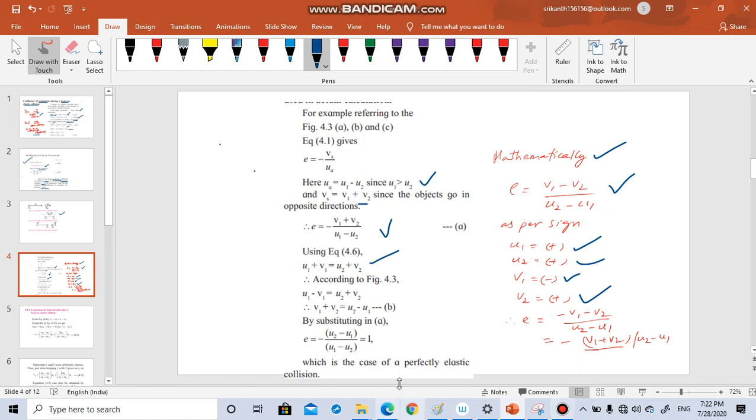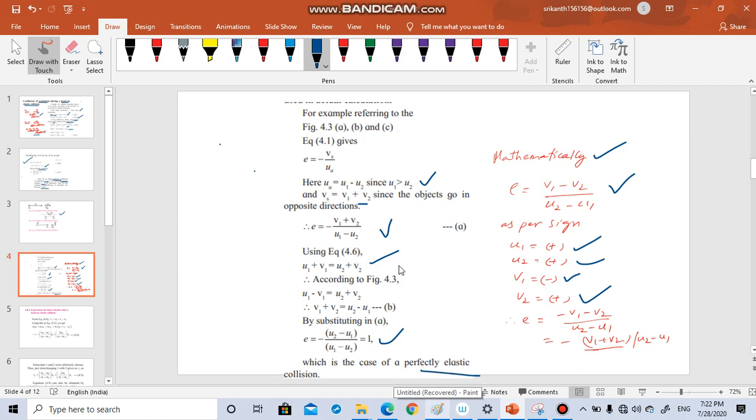Now just put it in this equation. You will see that numerator and denominator are both the same terms, and you are finally getting the value of E as 1. Now what is the meaning of the E value being 1? It is a perfectly elastic collision.